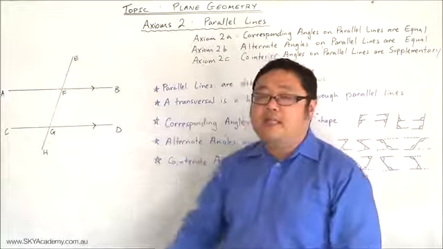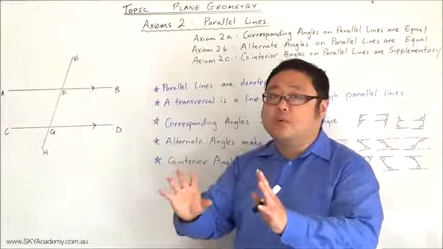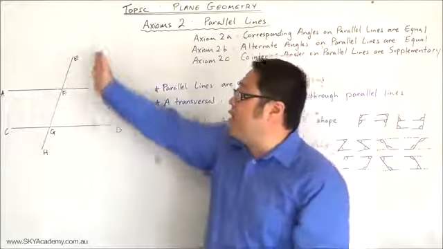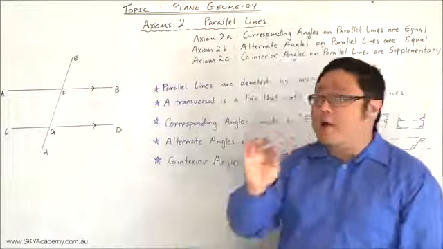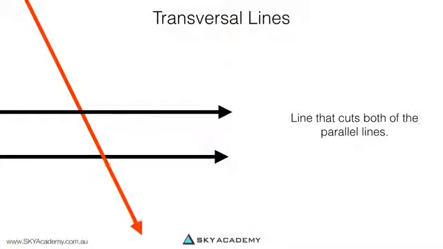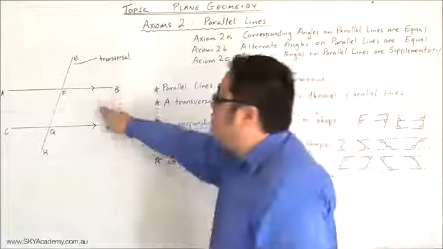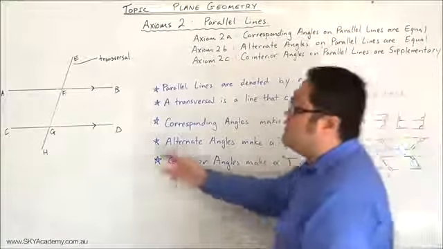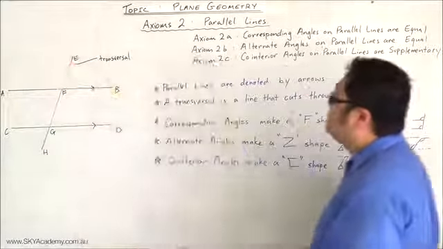And in particular, with problems to do with parallel lines, you will usually, like 99% of the time, have a line that cuts through both lines. That line is called a transversal. So parallel lines are denoted by arrows. A transversal is a line that cuts through the parallel lines.